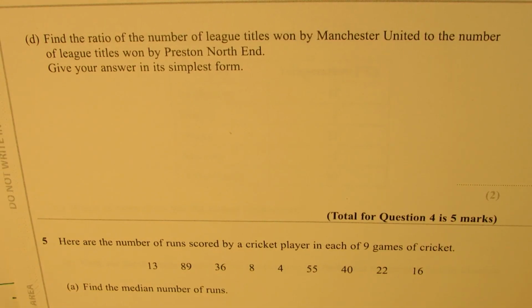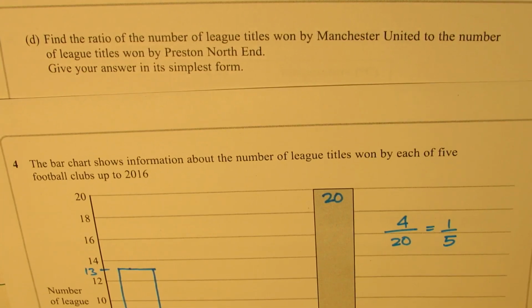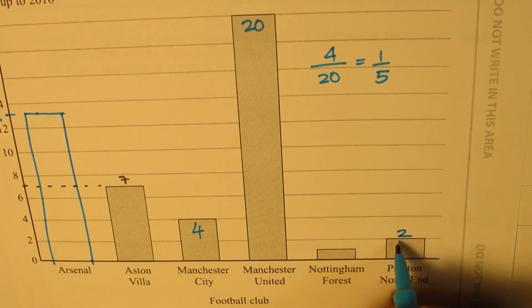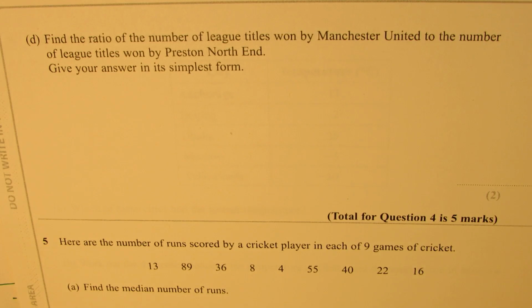Now this is part D of our question number 4. The question is, find the ratio of the number of league titles won by Manchester United to the number of league titles won by Preston North End. Give your answer in its simplest form, right? So let's look into this. Manchester United, we figured out it is 20. Now, what is Preston North End? So Preston North End is 2, right? So the ratio is 20 to 2, right? So we can now provide the solution here.